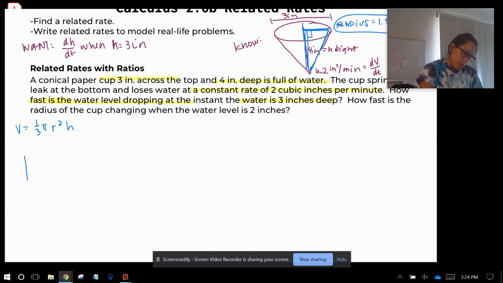So I'm going to take this right triangle, the radius versus the height, and then I have a proportional triangle of 1.5 to 4. So as the height drops, the radius will drop with it proportionally.